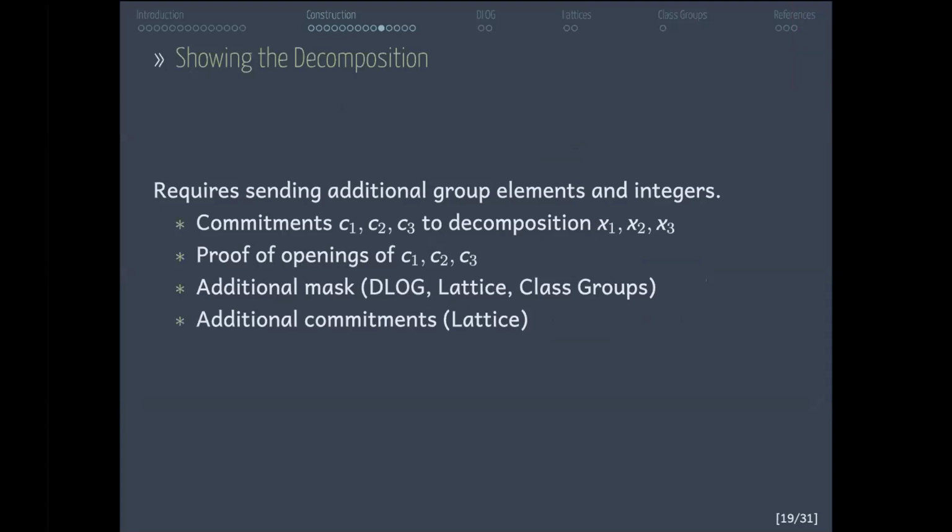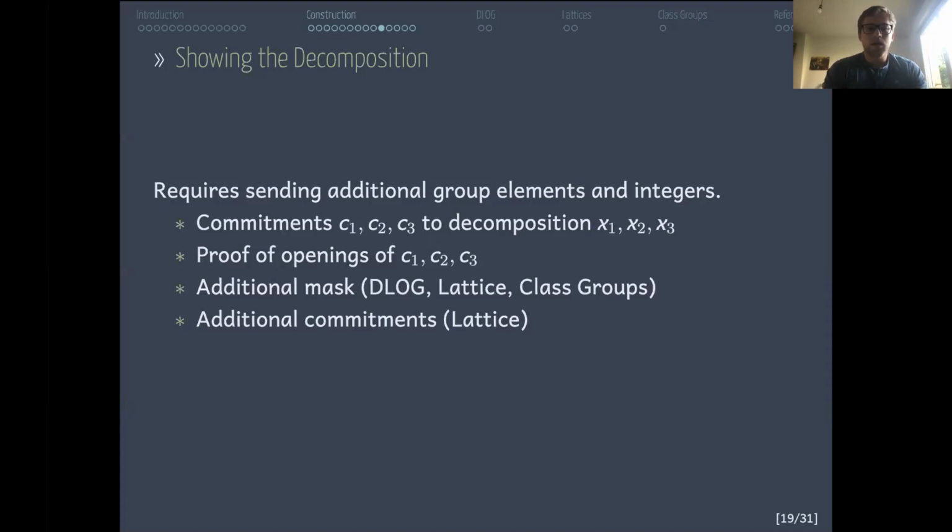So just quickly now to the decomposition. I've said that the main part of the range proofs are essentially proofs of opening. So in order to show the decomposition, we need to commit to it first, then we need to prove knowledge of an opening.